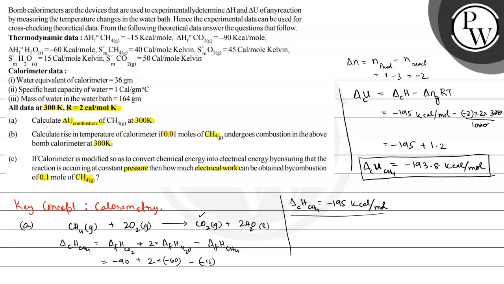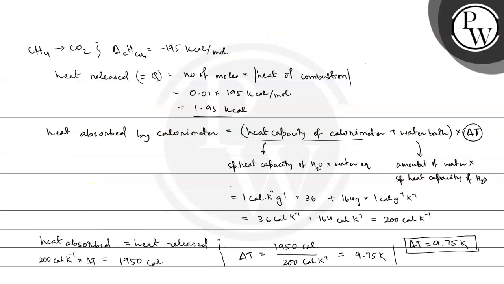Now let us look at the third question. If the calorimeter is modified so as to convert chemical energy into electrical energy, then at constant pressure, how much electrical work can be obtained by combustion of 0.1 mole of methane?